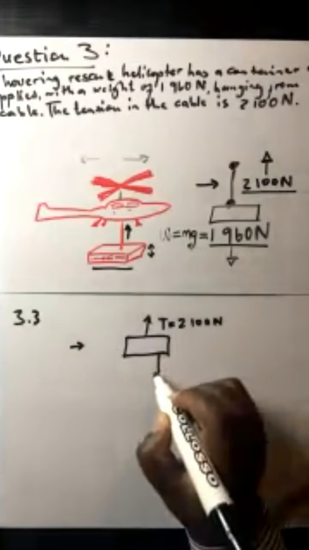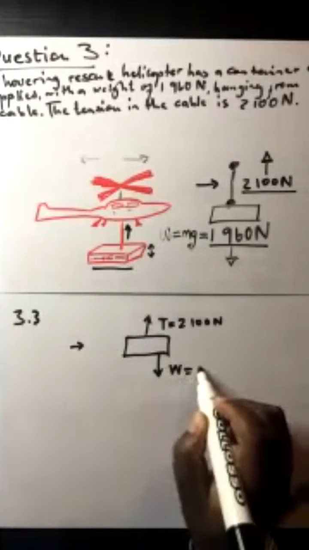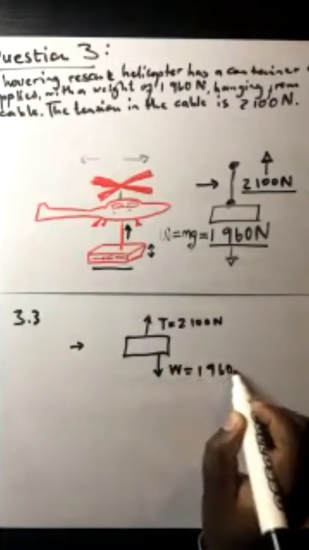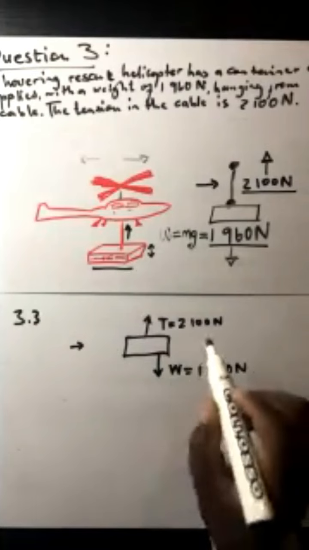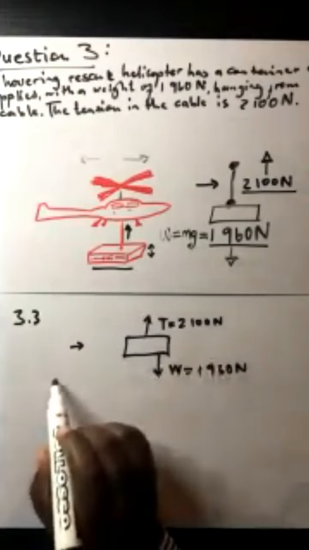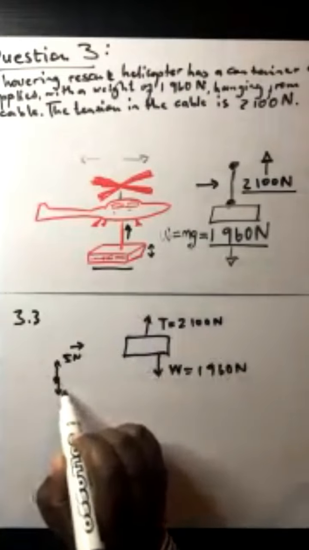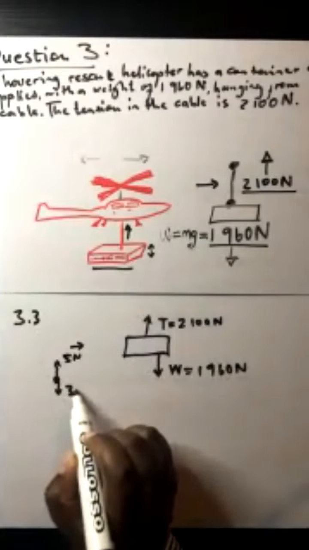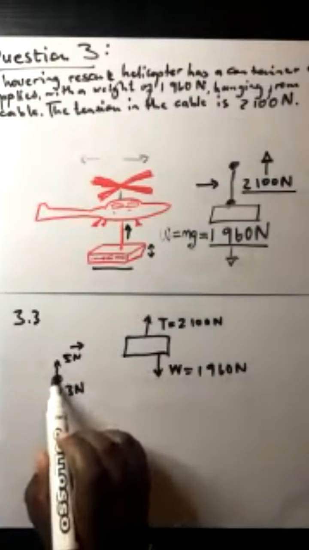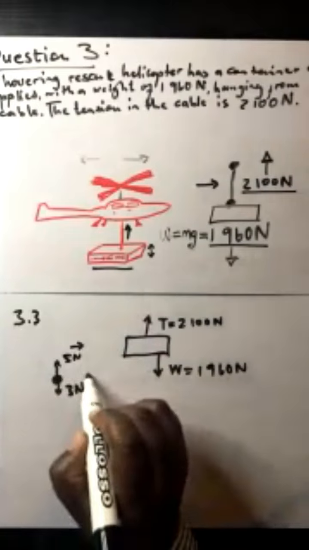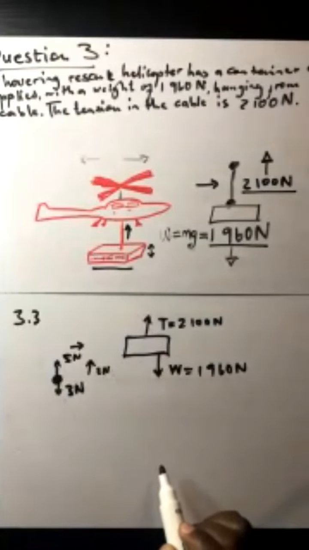But the weight of this thing is only 1,960 Newton. So according to that explanation of this being pulled by 5 Newton, this having a weight of 3 Newton, it means this thing is supposed to move upwards by an extra 2 Newton.